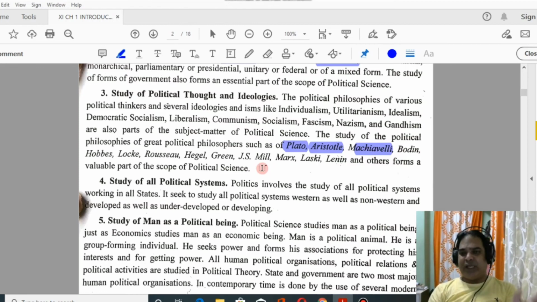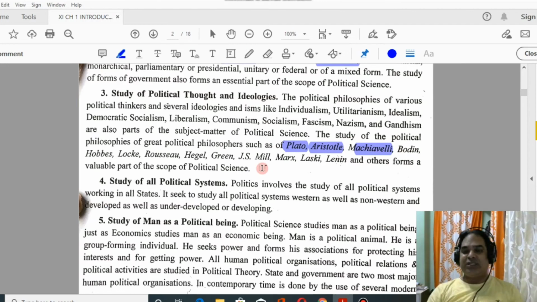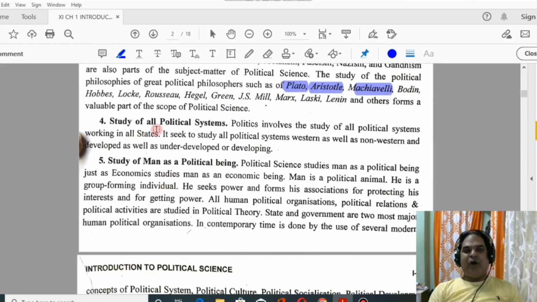We cannot fix a place where political science finishes. Political science is indefinite. The scope of political science keeps on developing and changing. Now you can see a study of all political systems.